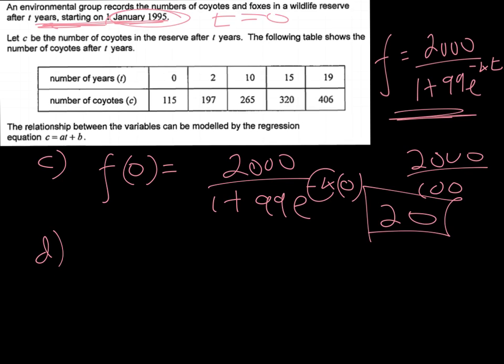Part D then is when we're asked to find, or it tells us in fact, that after 5 years there were 64 foxes in the reserve, and it asks us to find k.